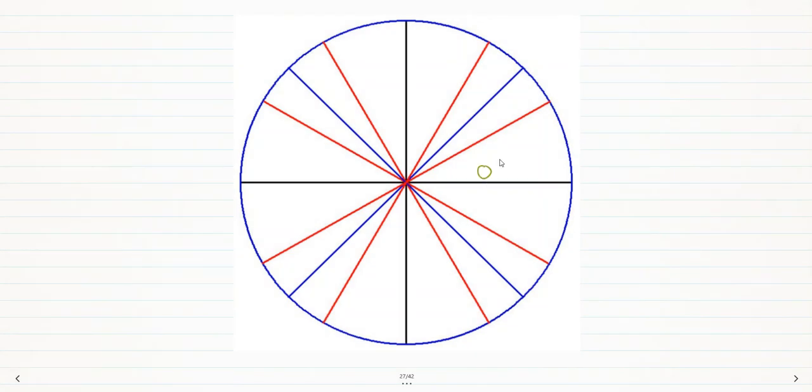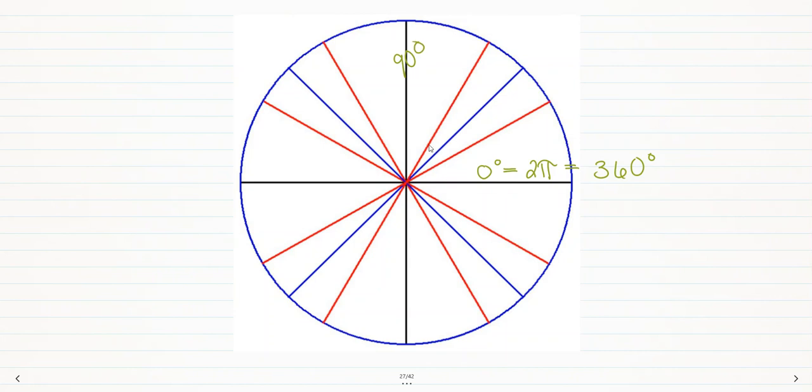So we could start here with 0 degrees or 0 radians, and that's equivalent to 2 pi radians or 360 degrees. If we went all the way around the circle, it'd be 2 pi radians or 360 degrees. We can see from this, from the black line to the black line, that angle measurement is 90 degrees.